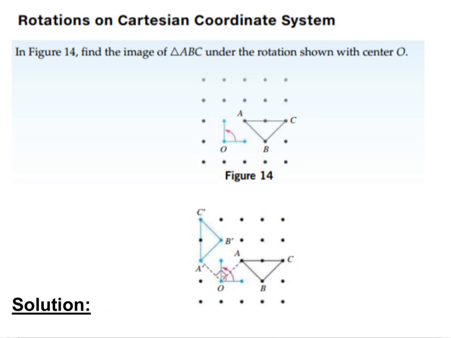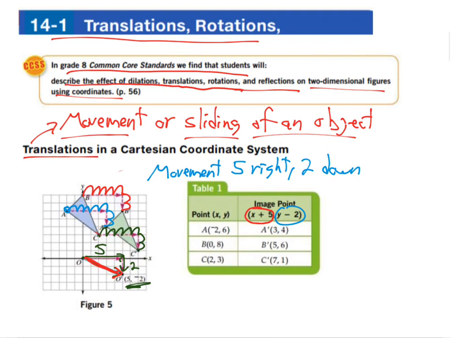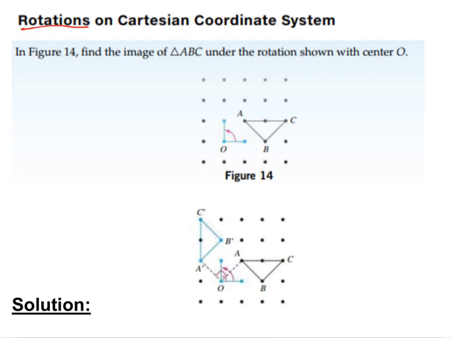Now the second part is about rotations. So there's two things covered in this section. Translations, which is a sliding, a moving, and then rotations, you know what it is to rotate. So let's take a look here. We're taking triangle ABC, and we're going to rotate it. And how many degrees is this amount of rotation?